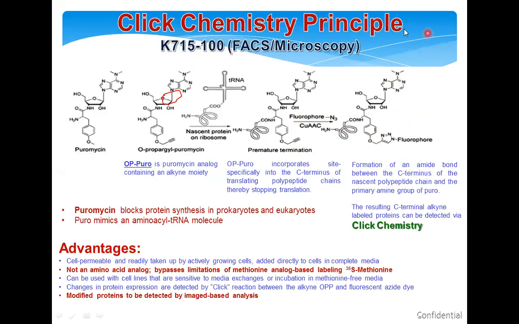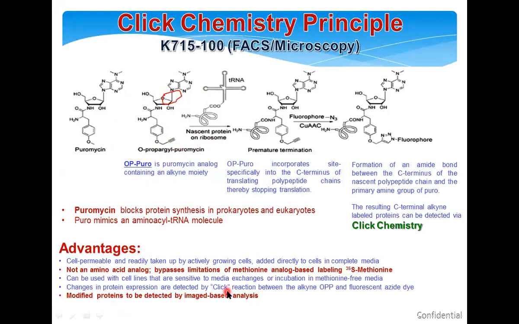So what are the advantages of click chemistry? As I mentioned, puromycin is cell permeable. It is readily taken up by the growing cells. You just add it directly to the complete cell media. It's not an amino acid analog, so you don't have to depend on a methionine analog, as I mentioned in the previous slide. The cell will take it up, and protein synthesis will stop.